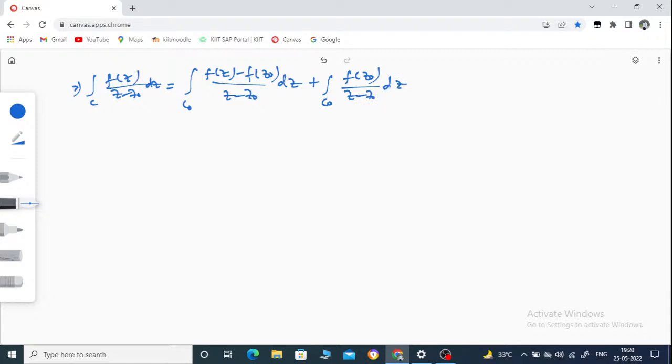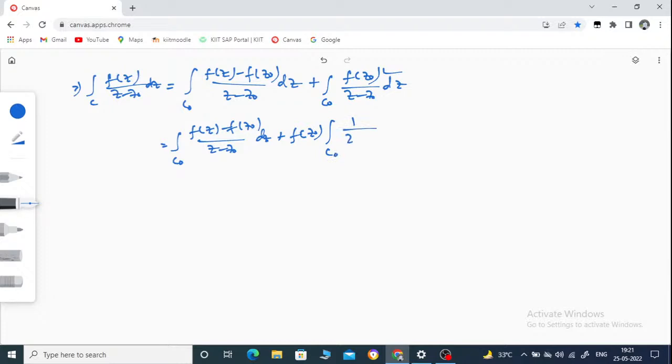Then here you can take this f of z naught outside of the integration.